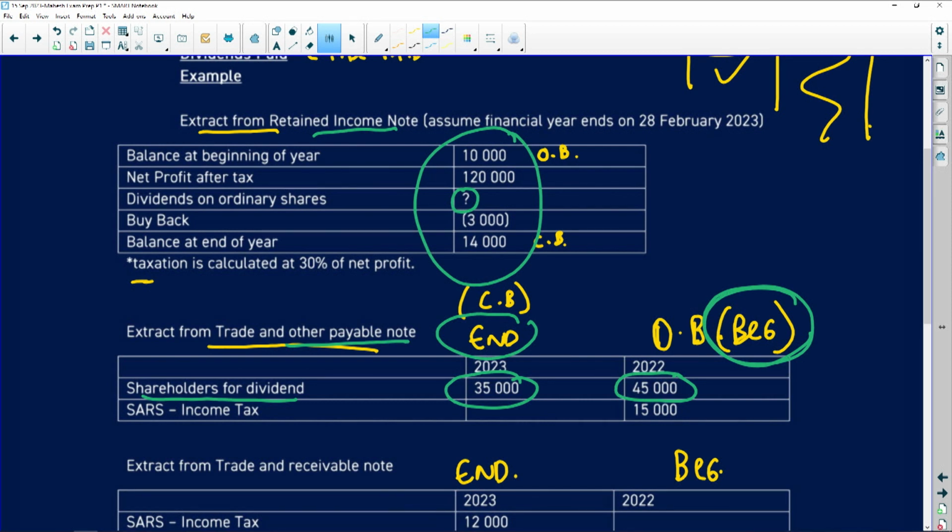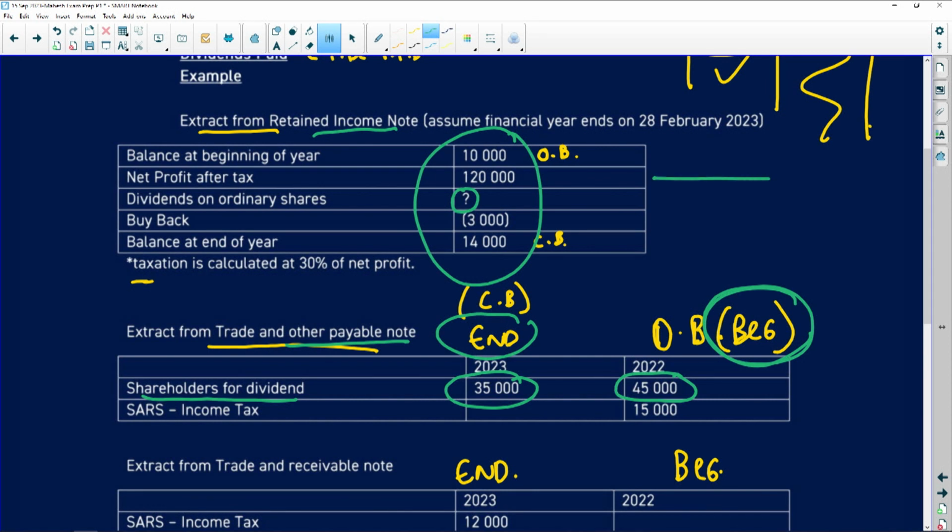So you're going to start with balance at the end of the year. You're obviously adding back the 3,000, it's negative, minus the 1,200, minus the 10,000, and that will give you your dividends on ordinary shares.